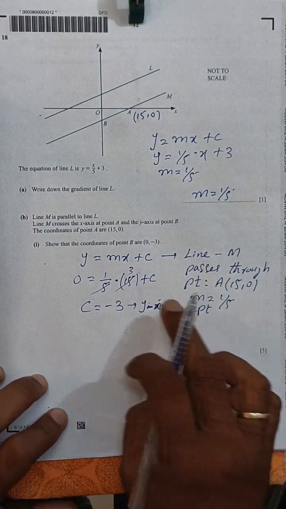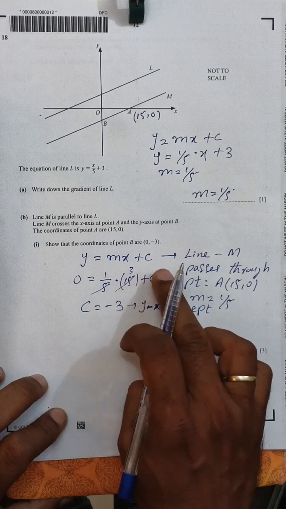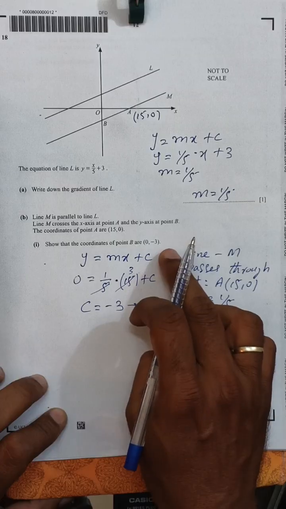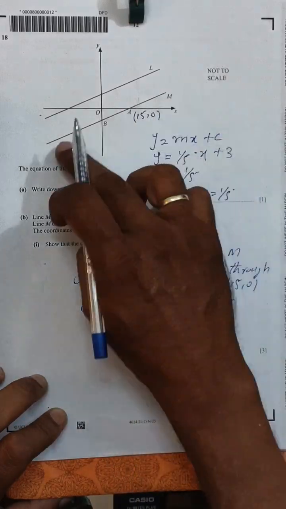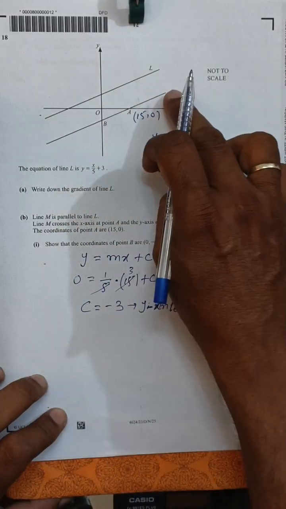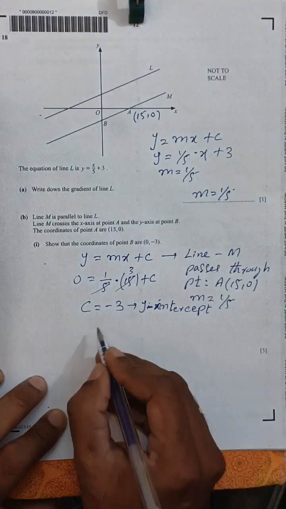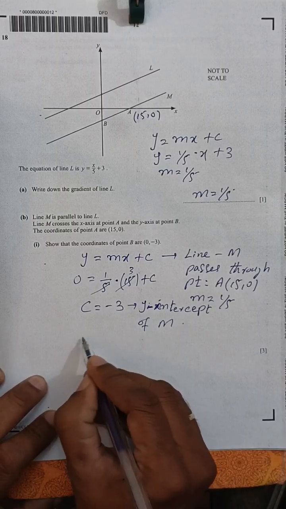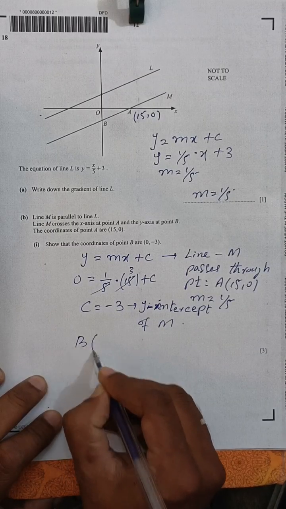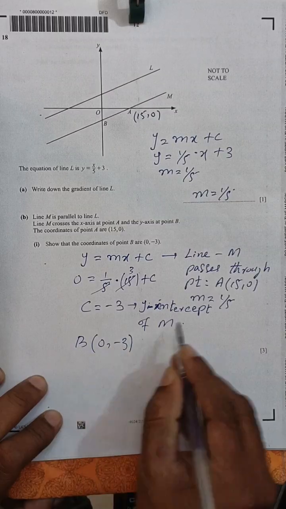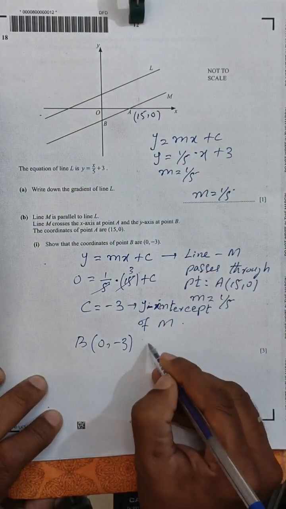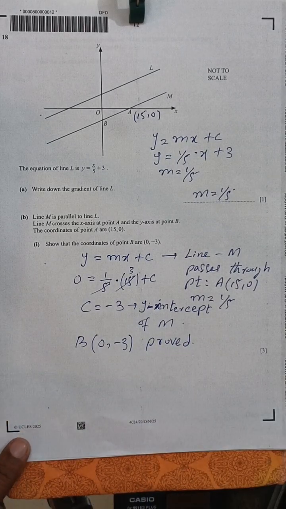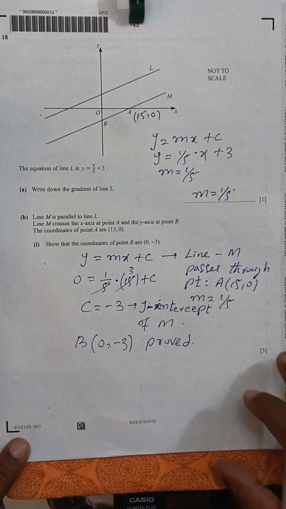So the point B is 0 and minus 3, because minus 3 is the y-intercept of this line M, which you have found. So B is 0, minus 3. Proved. You got my point?